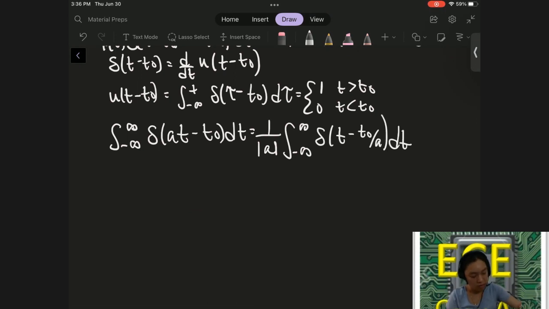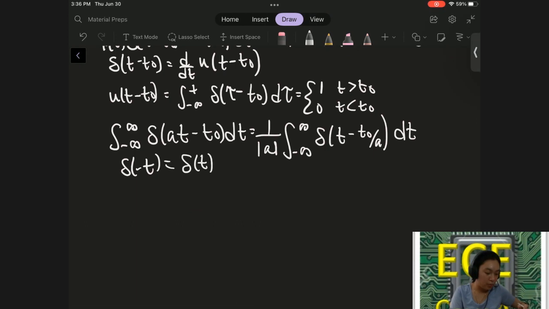And lastly, we have delta of minus t equals delta of t.